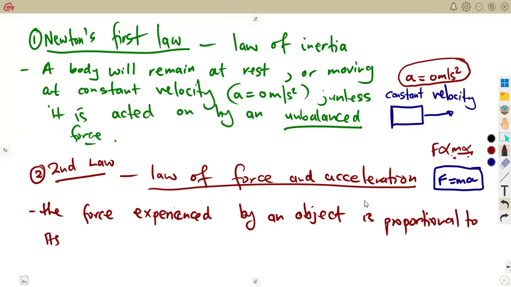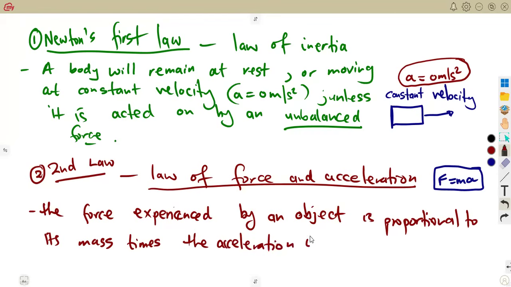That is mass and what? Acceleration, that is the condition that we have in that case. So that is proportional to its mass times the acceleration. This is what it experiences.